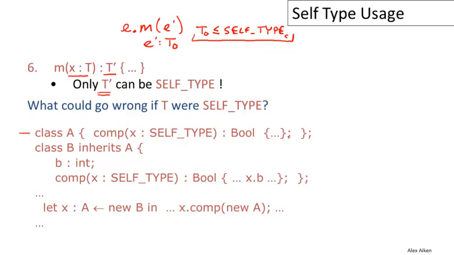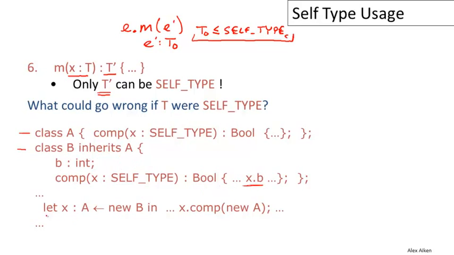The idea here is that the comparison operation probably compares this parameter with the argument and returns true or false. Then there's a second class B, and B is a subtype of A. It inherits from A, and it has one new field, little b, of type int. Now the comp method in class B is overridden. It has the same signature as the comp method in class A, but the method body here accesses the field b.